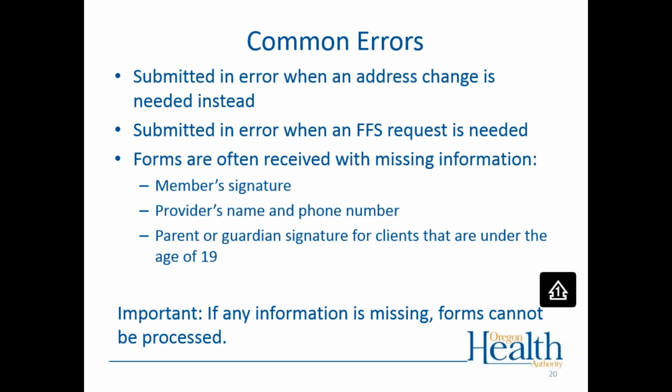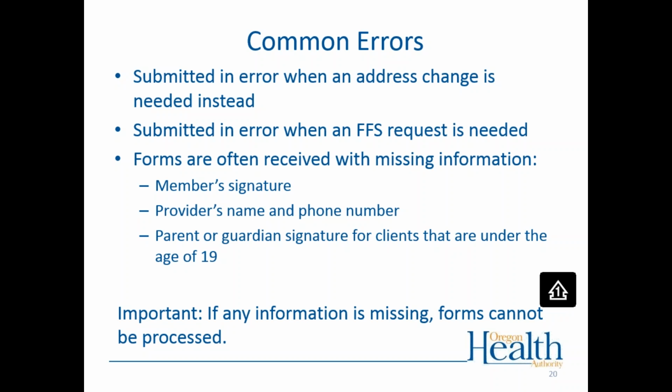That would automatically trigger the disenrollment from the previous CCO and an enrollment into the CCO in their service area. If there's more than one option at that point, of course, they can include that with their address change. They can let us know that they have a preference. Otherwise, that would correct the issue if they were just trying to get out of the CCO that was in their previous service area.